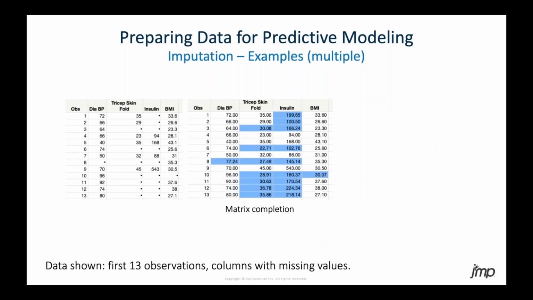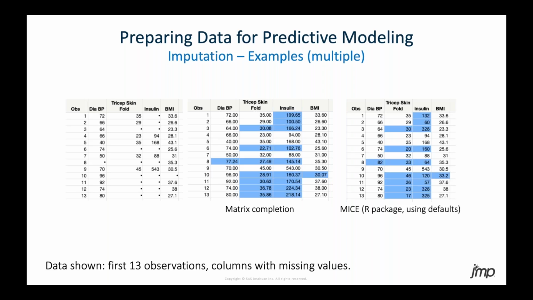Now, for multiple imputation, again, these are just two different values. There's one that I'm showing you based on matrix completion, and then there's the approach used by the mice package in R, more of a Markov chain Monte Carlo approach. Both cases are very simple. The middle case is implemented within JMP, very simple, point and click.